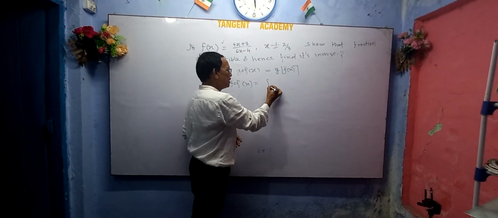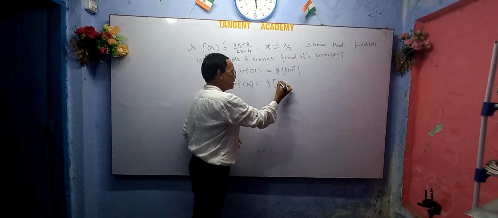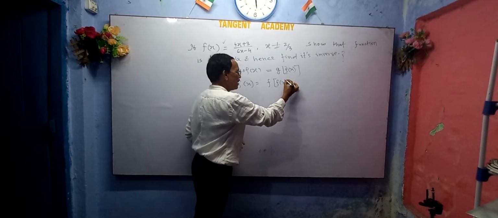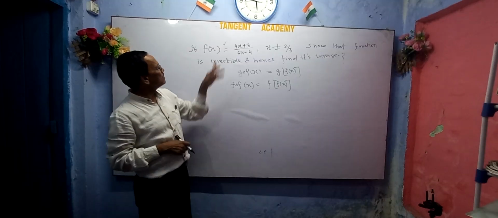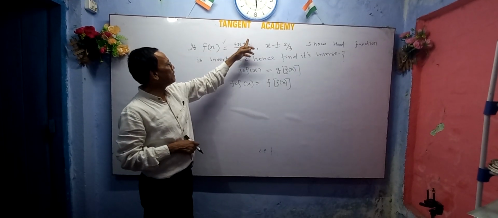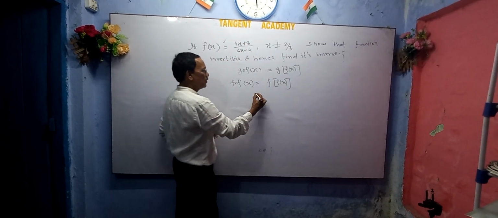This can be written as f of f(x). What is the value of f(x)? f(x) is given here as (4x plus 3) by (6x minus 4).